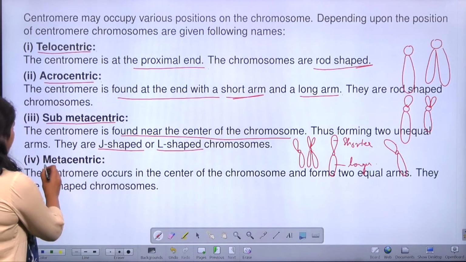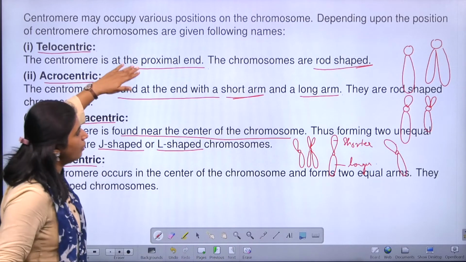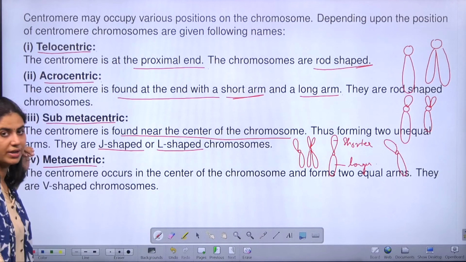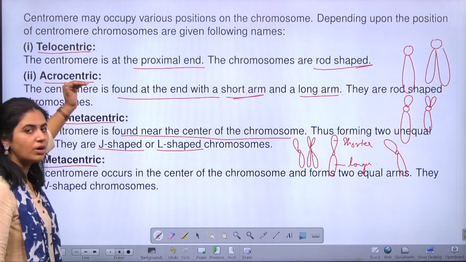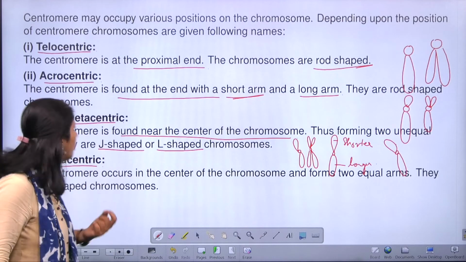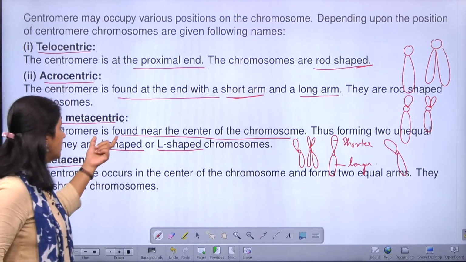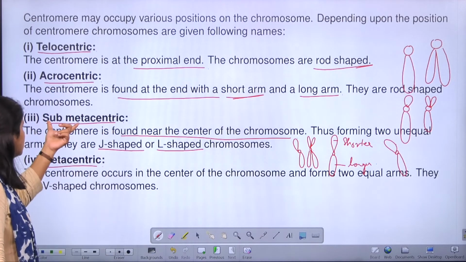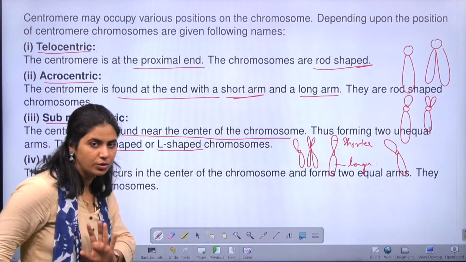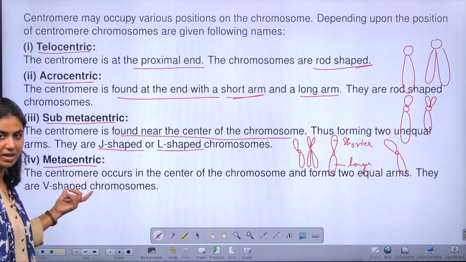Now what is metacentric? We know when the centromere is at the proximal end, we call it telocentric. When it is a little down, with a small short arm and a long arm, we call it acrocentric. When it is somewhat near the center, we call it submetacentric, and when the centromere is at the center of the chromosome, we call it metacentric.